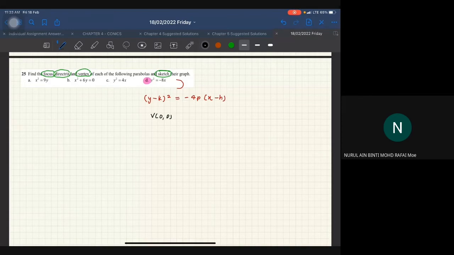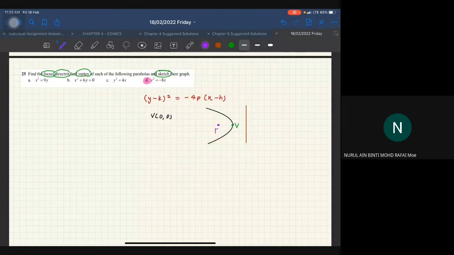Okay, and then mana saya punya sketching tadi kat sini. Saya pindahkan sikit ke sini. Okay, so ini kita try main-main dulu sketch. Okay, so we know that vertex is here. Okay, meaning that our directrix will be on the right and then our focus will be on the left.